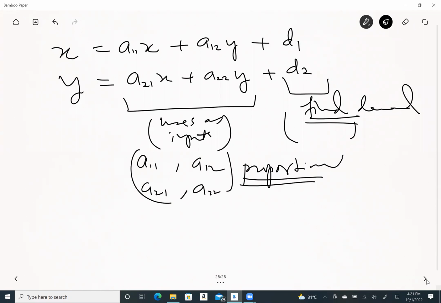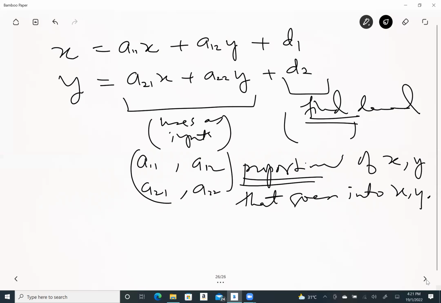The proportion of X, Y that goes into X, Y.